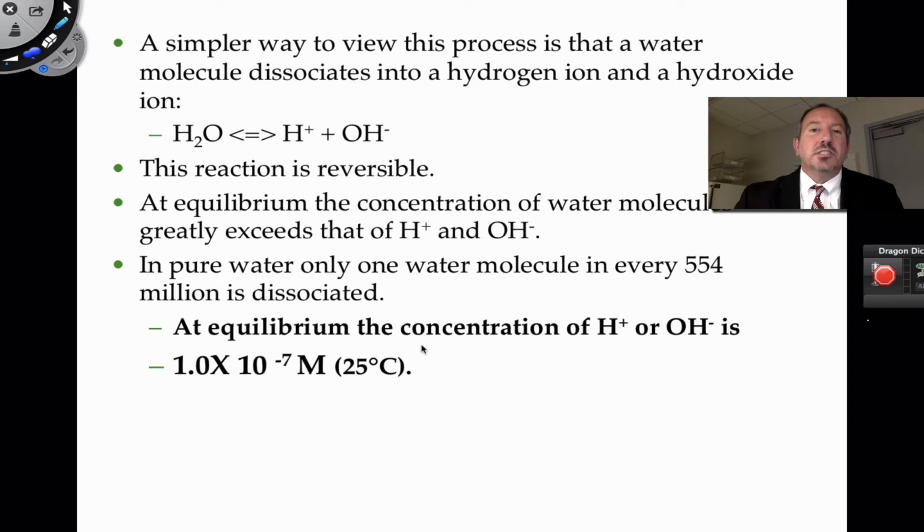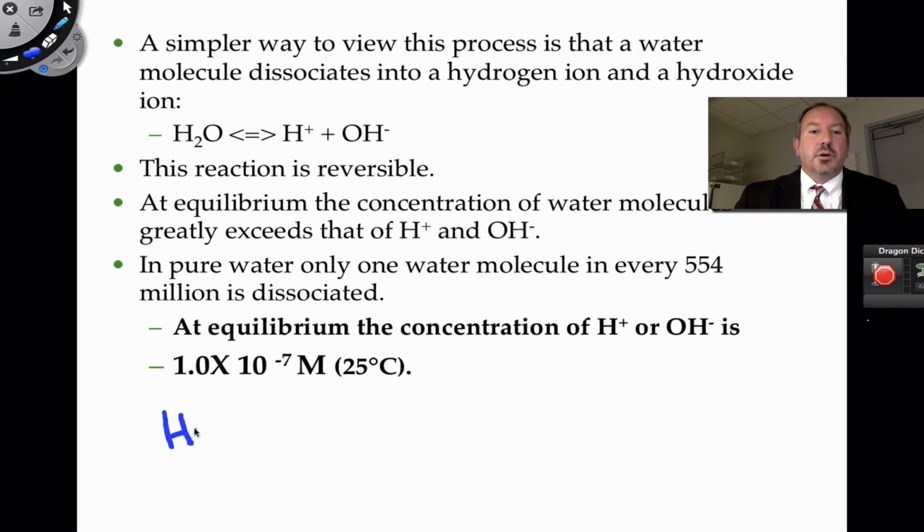And so when a chemist actually measures the concentration of hydronium ion or hydroxide ion at 25 degrees Celsius, at room temperature, it would be a minuscule 1 times 10 to the negative 7 molar. So this number is fairly important. Let me just spell it out.